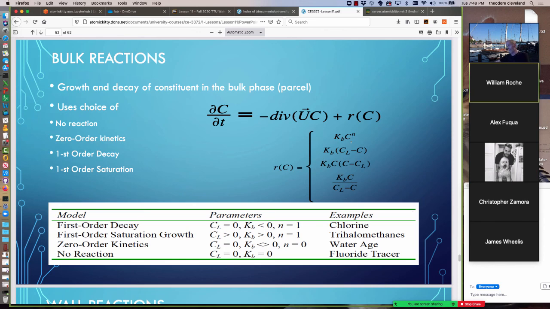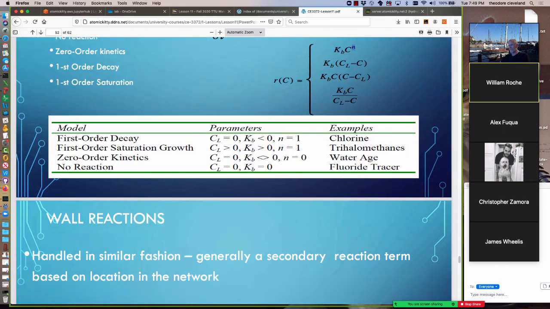The 4 different models are listed here as this reaction term, and by choice of the reaction coefficient and the exponent, you're choosing different parameters of the reaction kinetics.